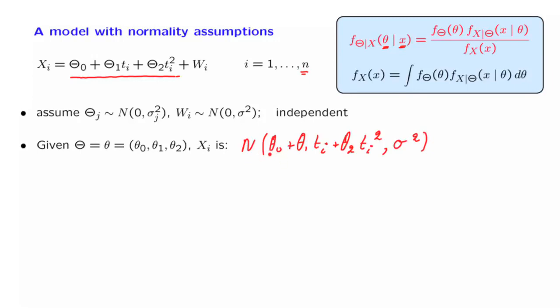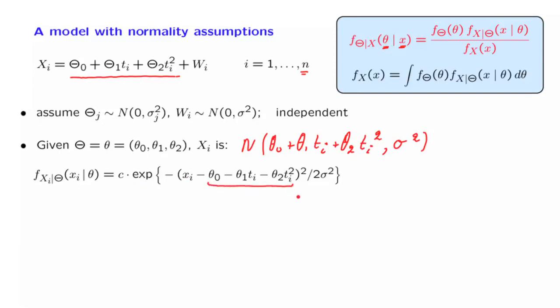We know what the normal PDF is, so we can write it down. It's the usual exponential of a quadratic, and in this quadratic we have xi minus the mean of the normal random variable that we're dealing with. Let us now continue and write down a formula for the posterior.